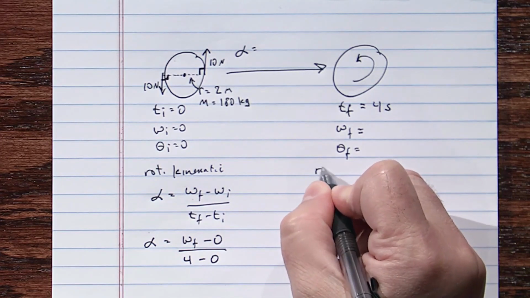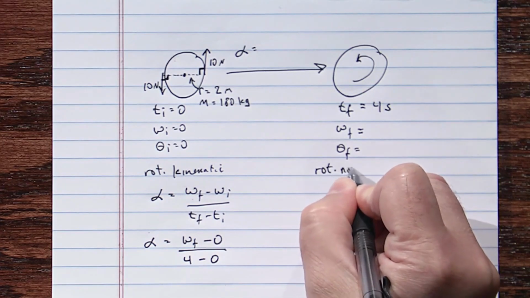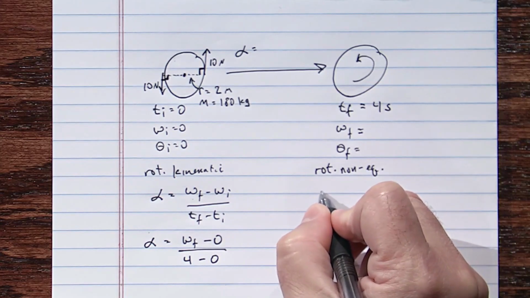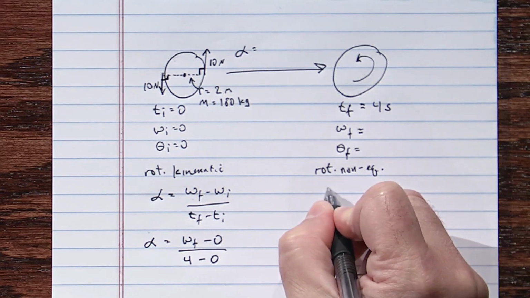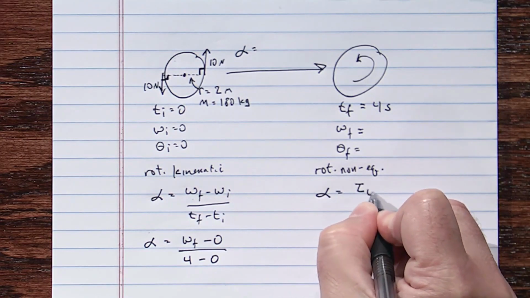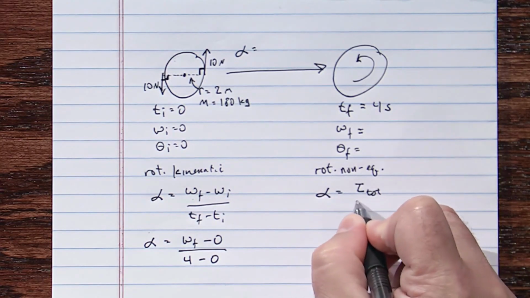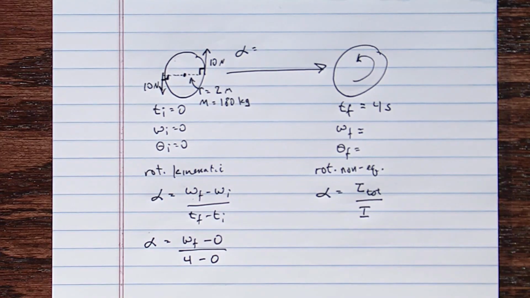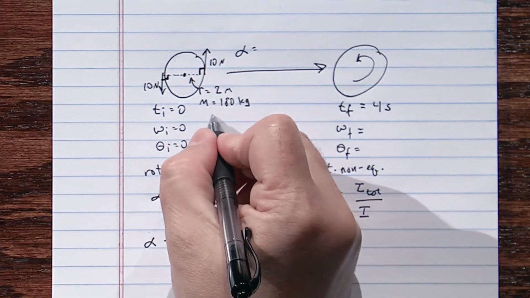So we also have a rotational non-equilibrium situation where we can write angular acceleration is equal to total torque divided by rotational inertia, which tips us off that we're going to have to figure out rotational inertia. Let's go ahead and figure that out.